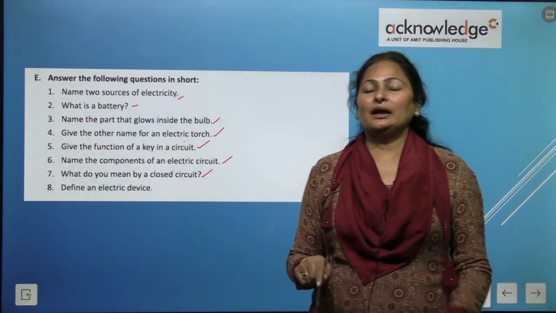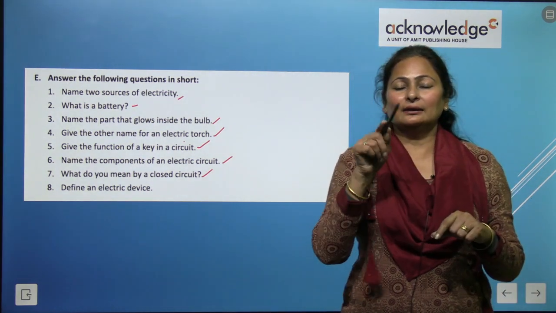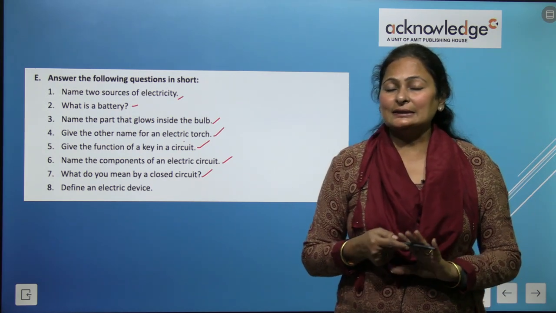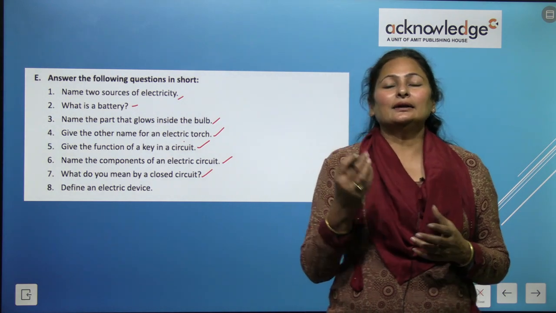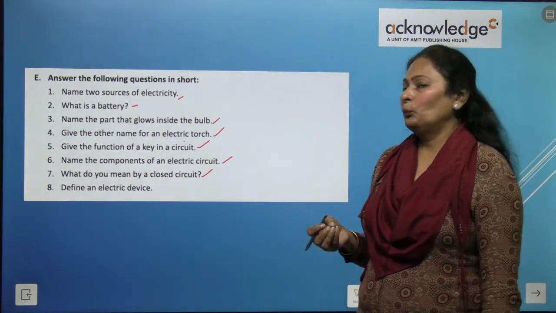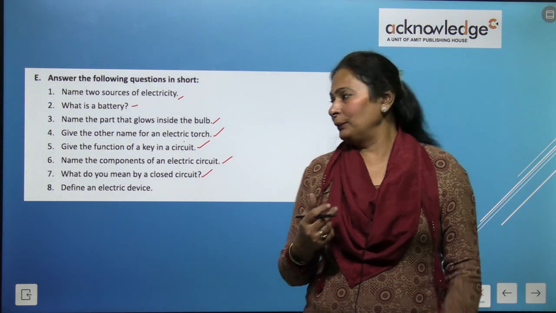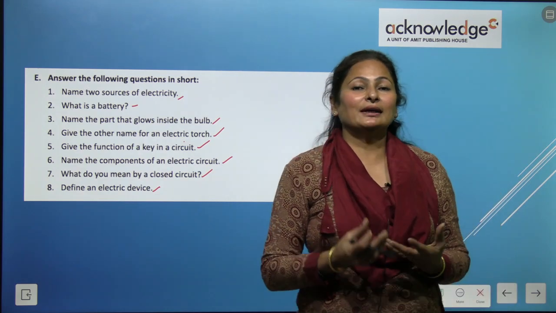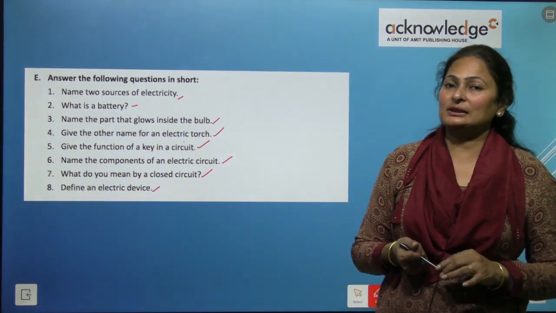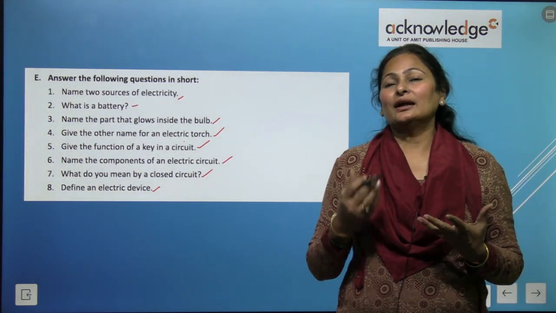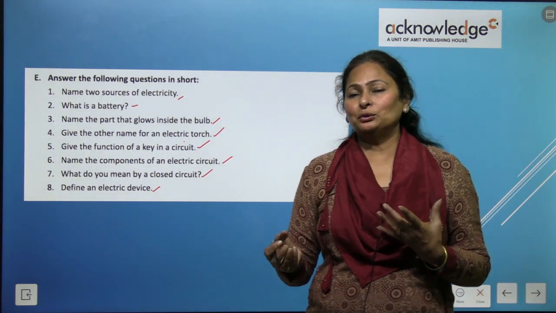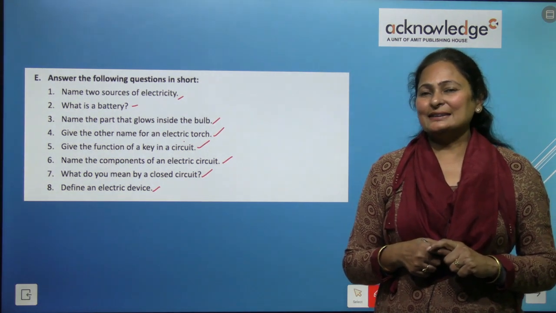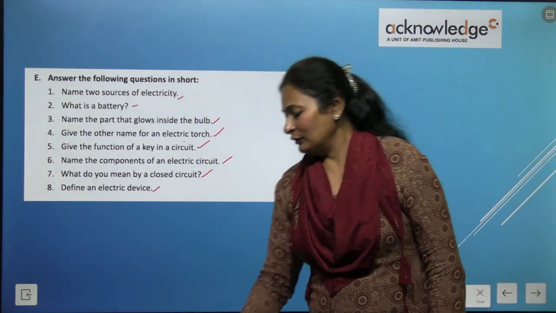A closed circuit means the wires, the bulb, the cell and everything are intact properly and current is flowing without any problem or disruption. Define an electric device: a device that runs with the help of electricity is known as an electric device, like the bulb, tube lights and other electrical appliances, right?